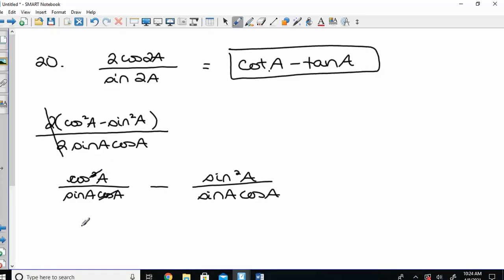So you're left with cosine over sine, which is cotangent. Minus, in this one, we drop out a sine and you have sine over cosine, which is tangent.